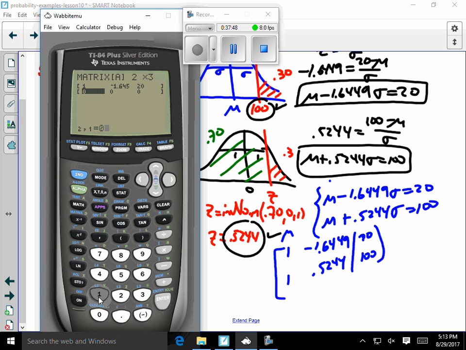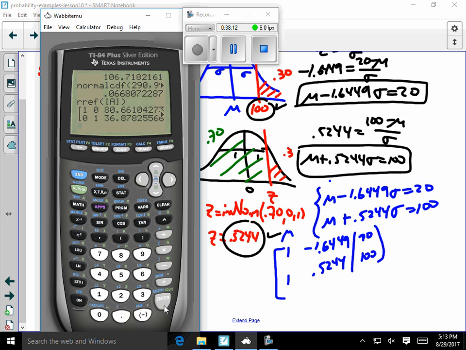And then 1 and 0.5244 and 100. Then I could quit out of that, go back into the matrix menu to math and scroll down to reduced row echelon form, or RREF, and run that on matrix A. And that would give me this number here.